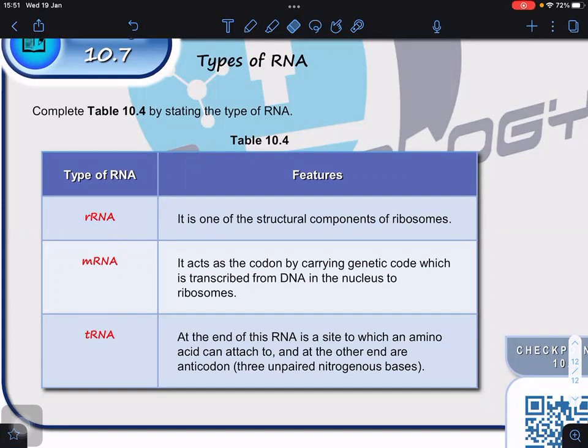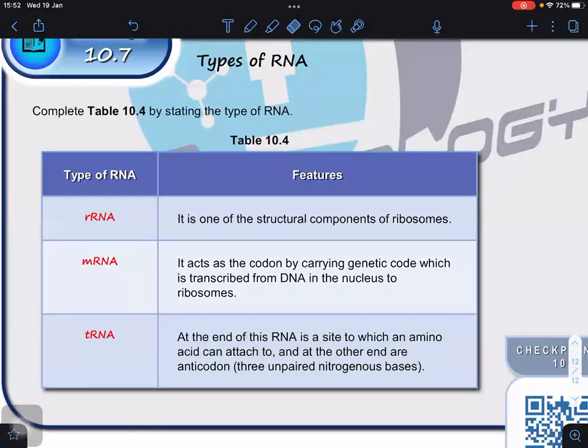So these 3 types, rRNA, mRNA, and tRNA, are all involved in protein synthesis, or more precisely, polypeptide synthesis, which we're going to learn in notes 10.3. You will see all of these structures. We're going to study the ribosome in more detail, how mRNA is formed, and how tRNA carries or transfers the amino acid in the process of polypeptide synthesis.